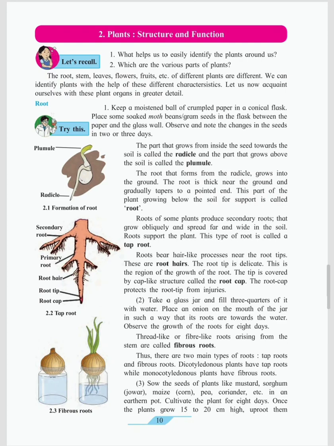They have different parts like secondary roots, primary roots, root hair, root tip and root cap. Roots are also of different types: adventitious roots, and modified roots like aerial roots, slit roots, runners, breathing roots, etc. So these were the different types of roots we have studied.